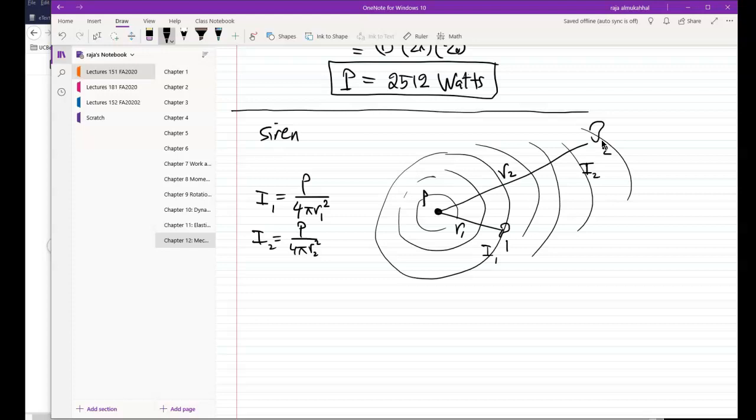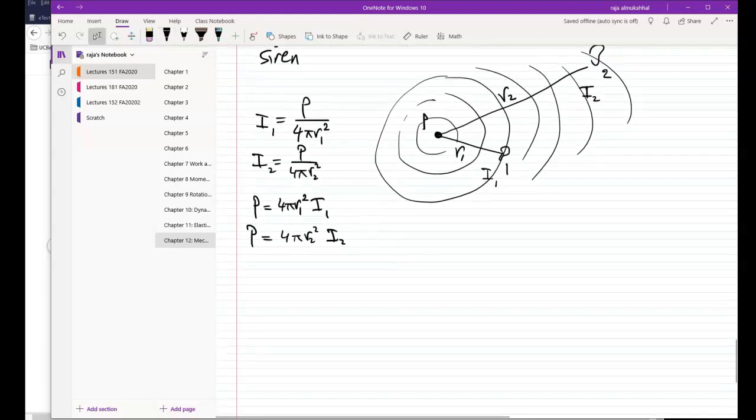From equation 1, the power is equal to 4 pi R1 squared I1, and the power in equation 2 is equal to 4 pi R2 squared I2. So far so good? Well, those two must be equal, correct? Because we're dealing with the same power, the same source. So I can equate them together. So let's equate them.